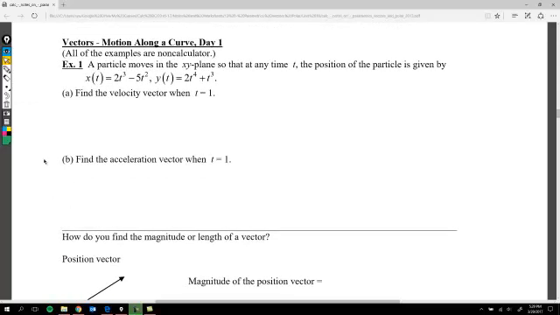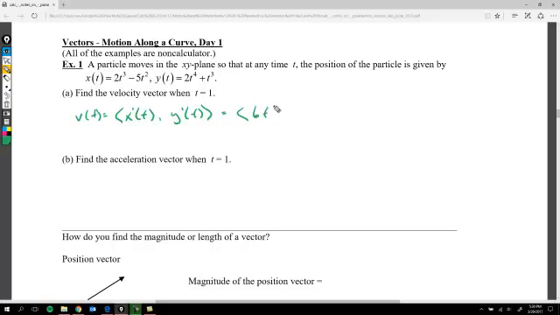All right, let's move on to actually doing some vectors. First they give us an example where a particle is moving, and at any point in time it can be modeled by these equations. It wants to know what's going on with the velocity when t equals 1. I'm given position, so I need to find my velocity, which means I need to take the derivative.